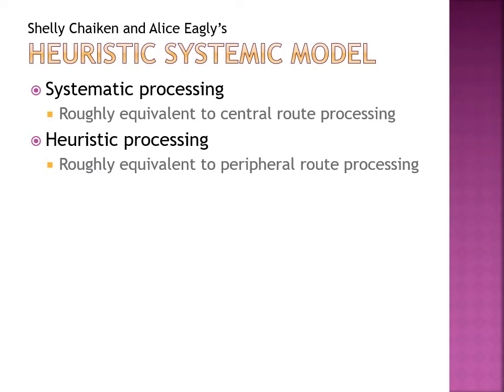It's a lot of work to do systematic processing or central route processing, and so we often kind of fall back on heuristic processing to be able to not drive ourselves nuts and be overwhelmed by the world. But unless we're really examining those heuristics, that becomes a problem.